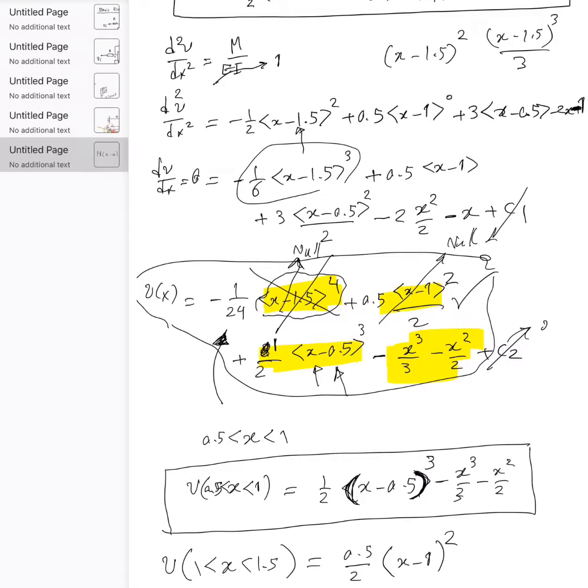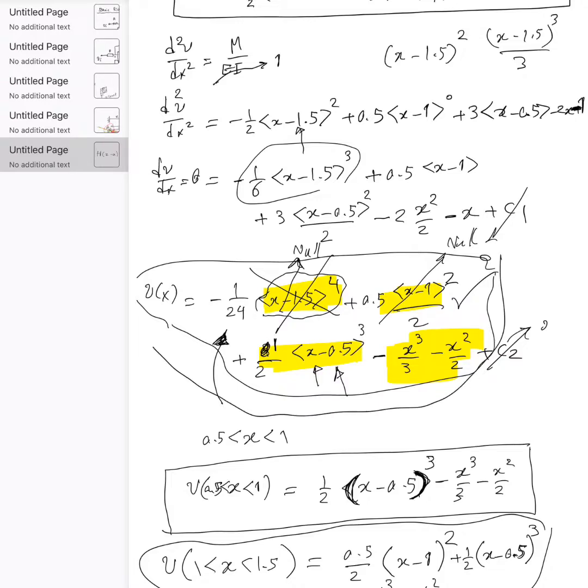So you have the rest of it plus half (x - 0.5) to the third power, and then you have negative x^3 over 3, negative x^2 over 2, and C2 is 0. You see, you can easily recover all the different equations just using a basic master Heaviside relation, which is right here.